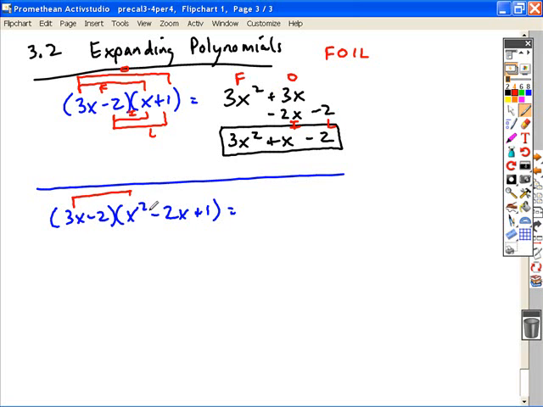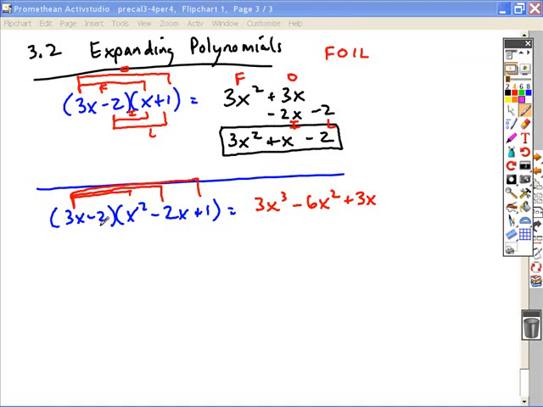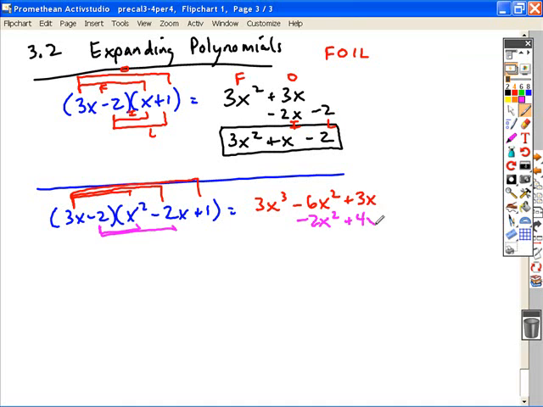So first terms, 3x times x squared gives you 3x cubed, and then just distribute that and continue. 3x times a negative 2x, negative 6x squared, and then 3x times a 1 is plus 3x. And now you can move to your next term, in this case, negative 2 times x squared, negative 2x squared, negative 2 times a negative 2x becomes a positive 4x, and then negative 2 times a 1, negative 2.